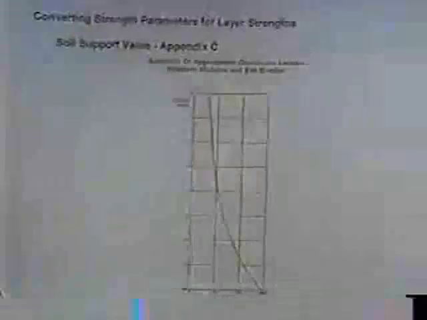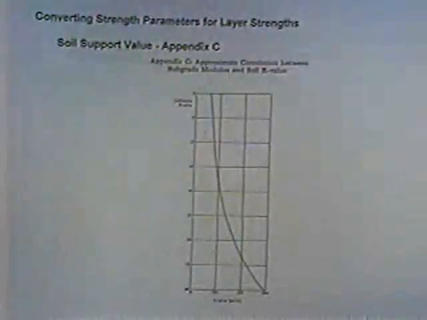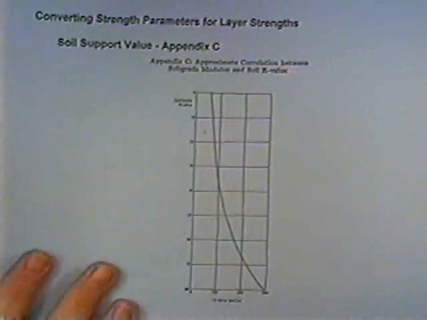The final appendix, with strength parameters and layer strengths, is Appendix C. Again, if you knew a California R value, then you could convert that to a K value or soil support number.